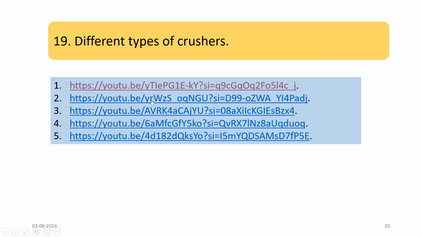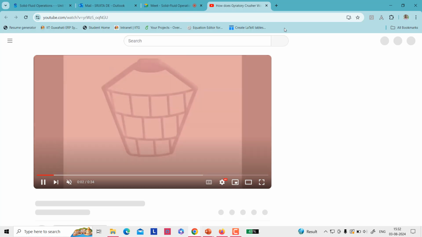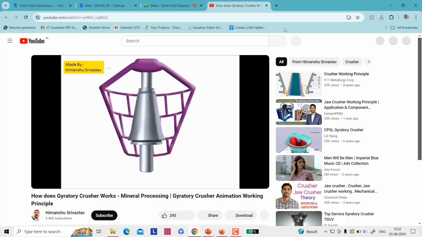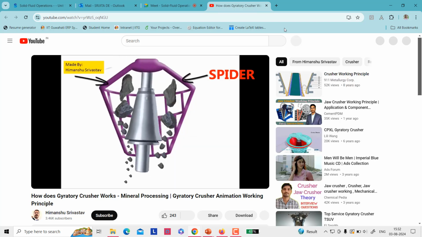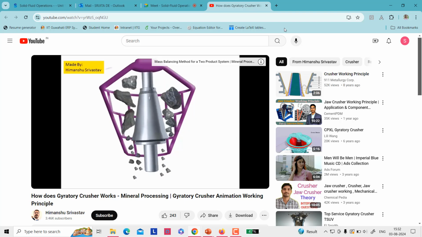Next one is the gyratory crusher. It has some kind of concave surface and a conical head.